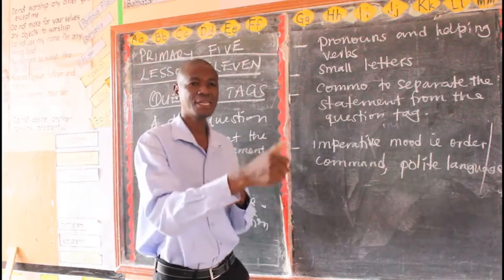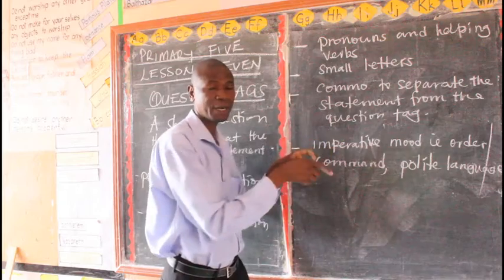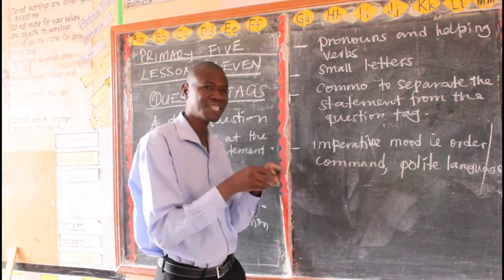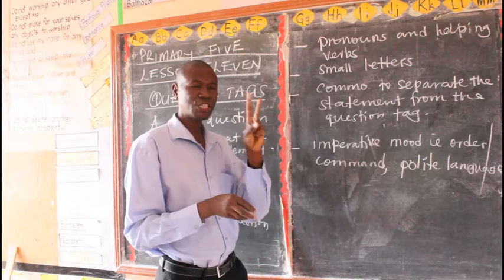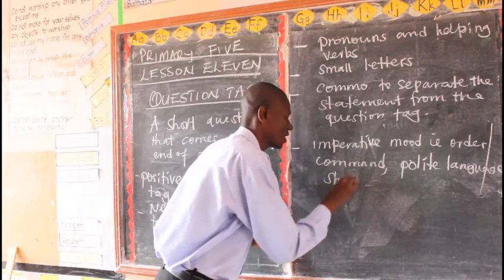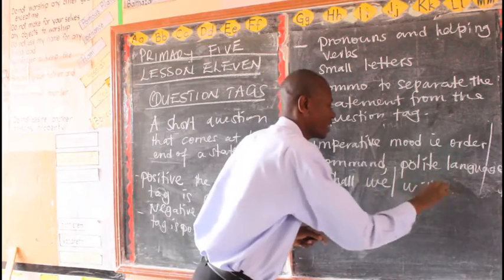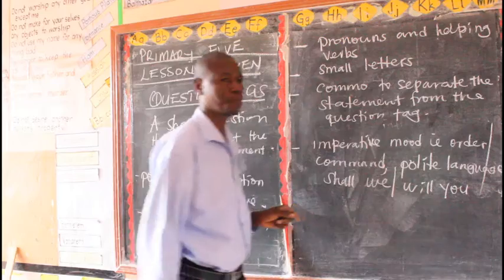That one is a polite statement. So orders or imperatives and polite statements have two question tags: shall we and will you.